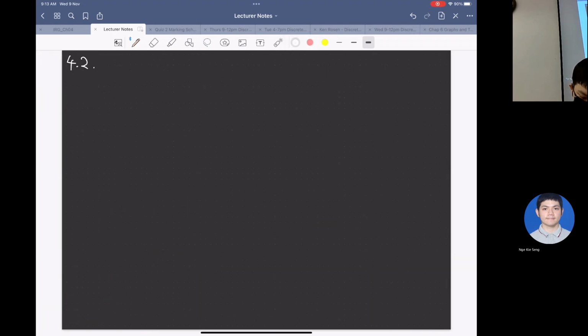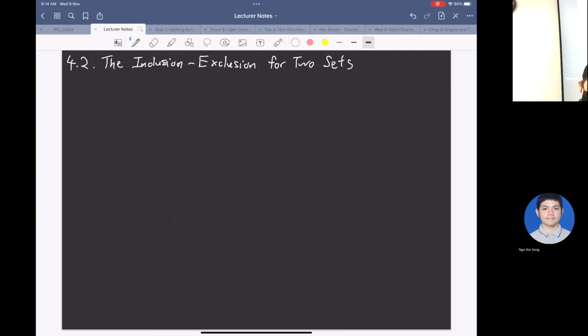Okay, then the next one is called the inclusion-exclusion principle. This one we have covered, but let's see the meaning of the formula we had last time.